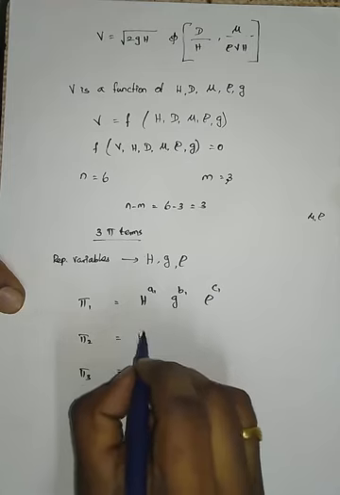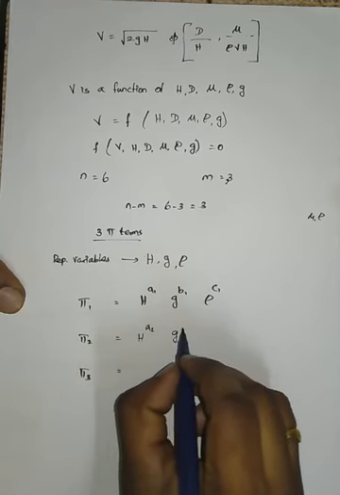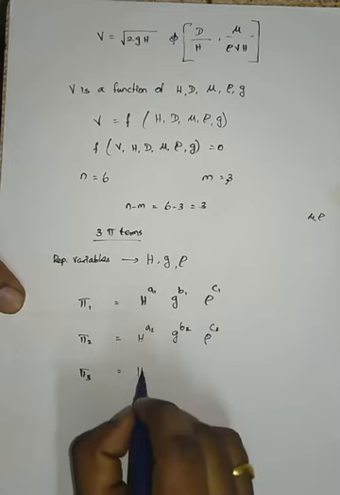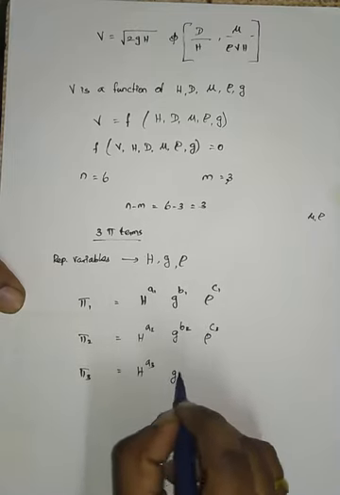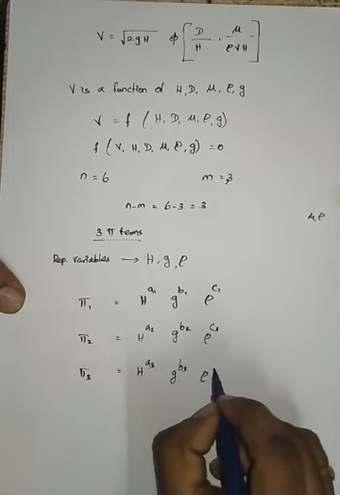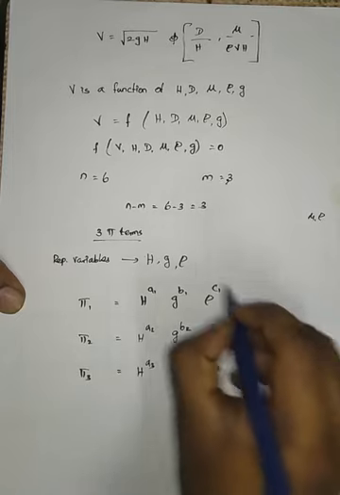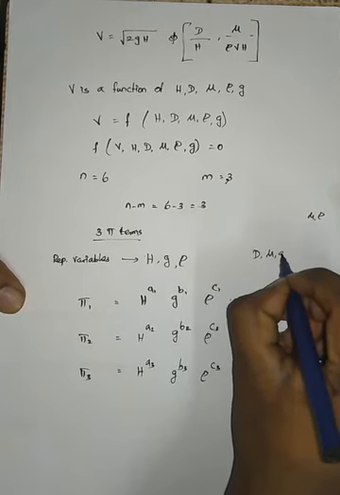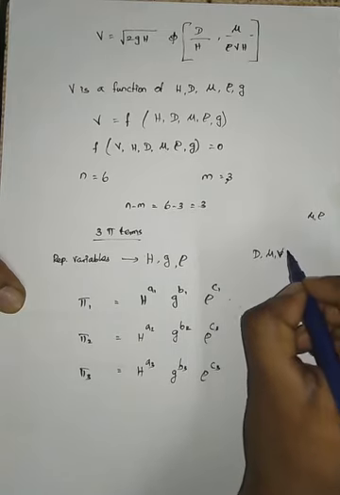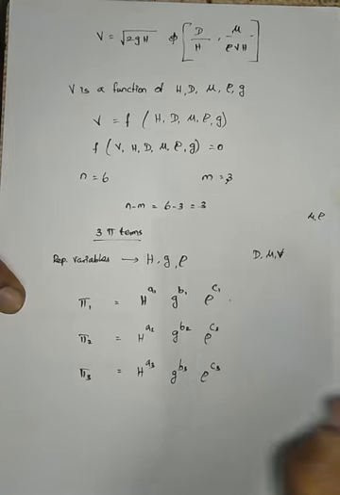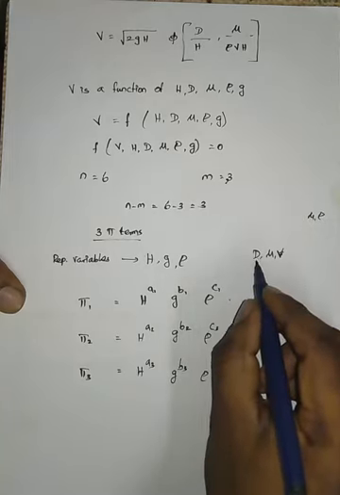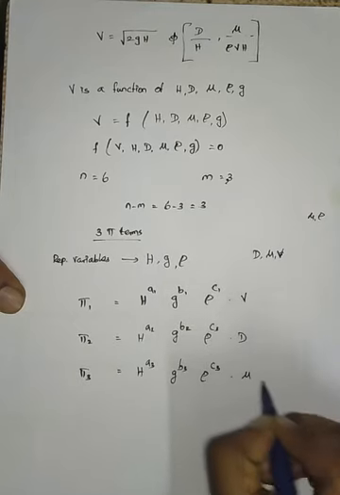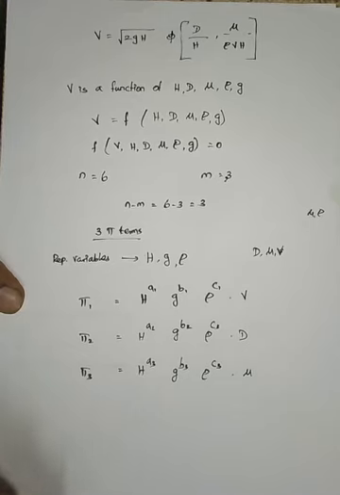Similarly h power a2, g power b2, rho power c2, and h power a3, g power b3, rho power c3, multiplied by the other variables d, mu, v. That's all. You wrote the pi terms.